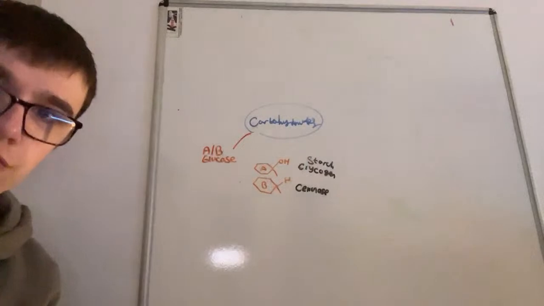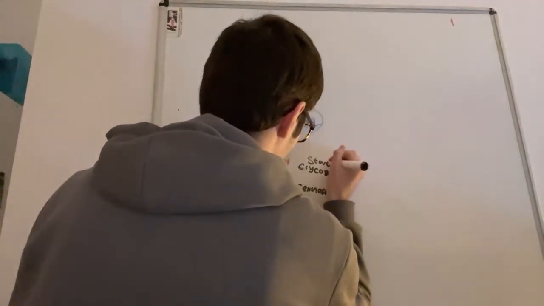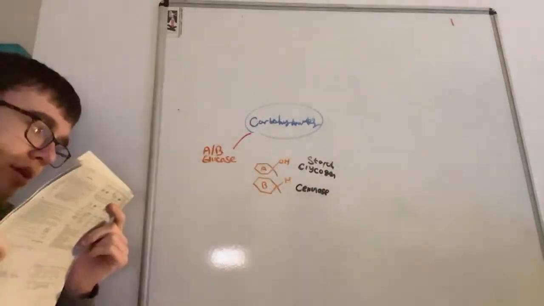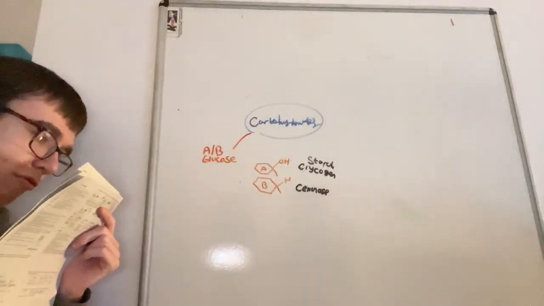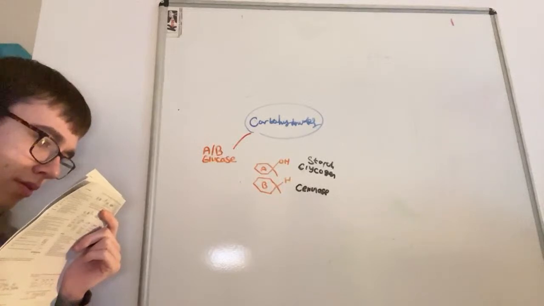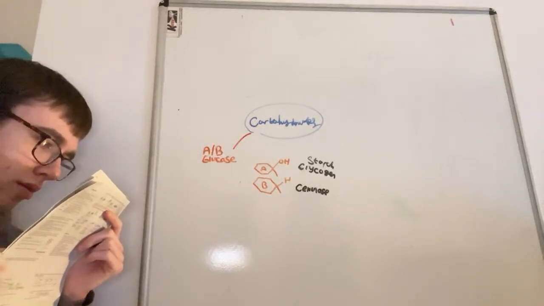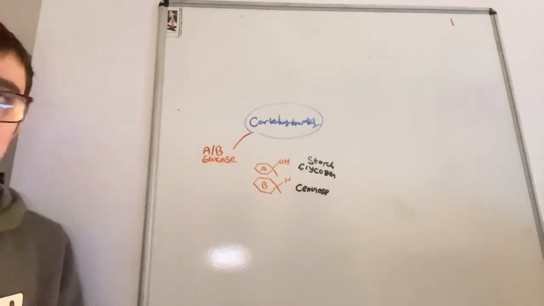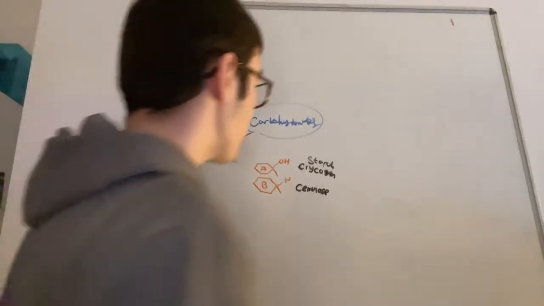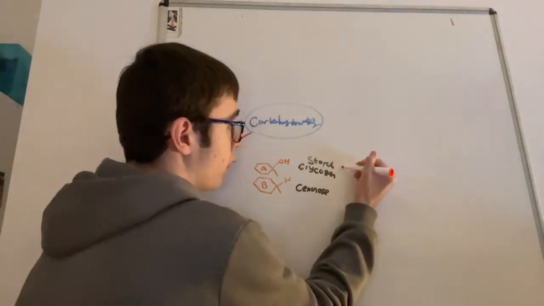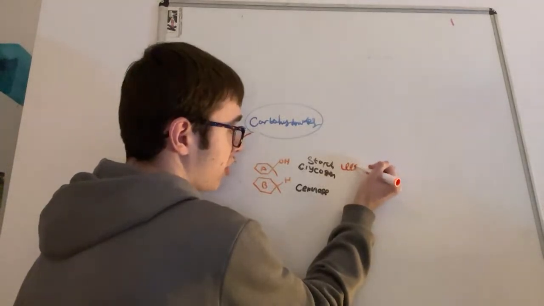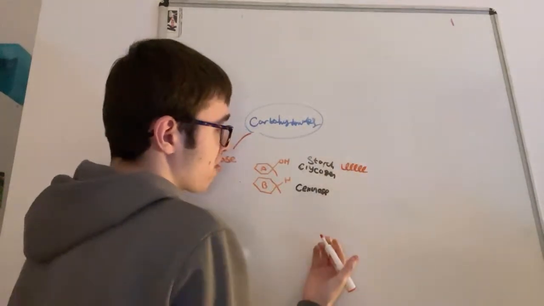Let's go check that actually. Yes, I was right. Okay. Oh, and one of them, I don't know which one. Okay, starch. I think one of them is in nice chains like loops.